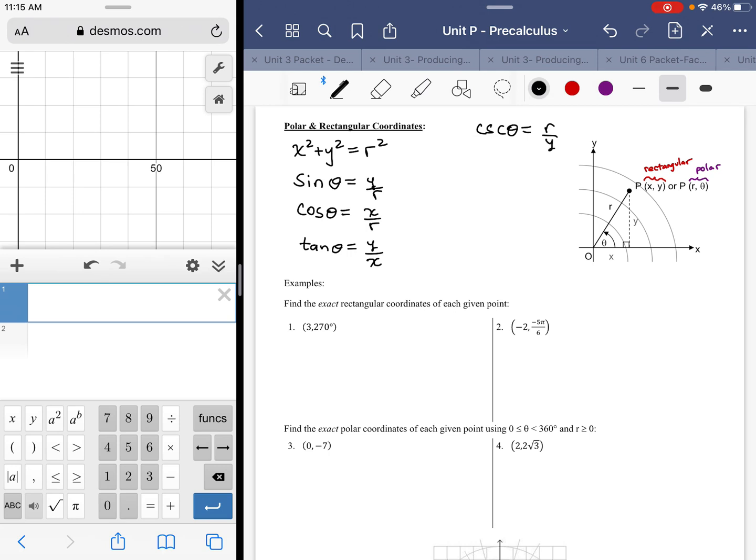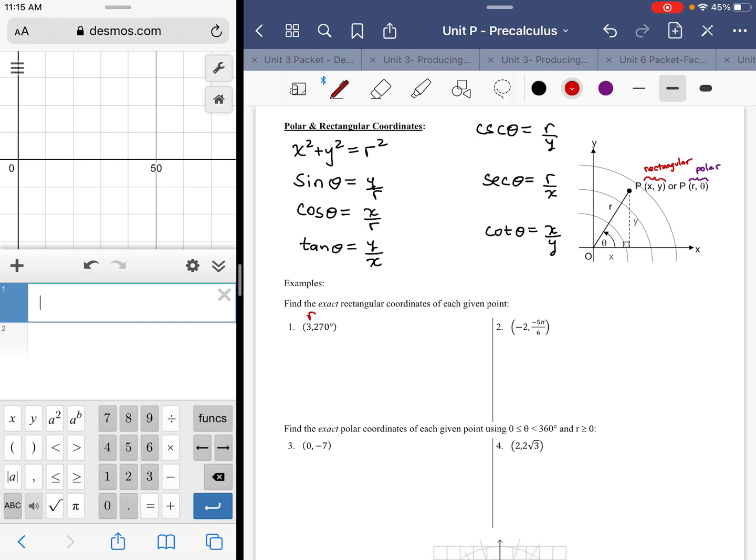We could say cosecant is r over y, secant r over x, and cotangent would be x over y. All of these trig relationships are true. We can solve each one of these for whatever variable it makes sense to solve for. All right, so it just kind of depends on what you need.